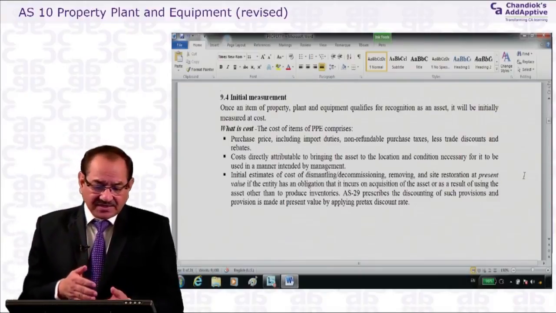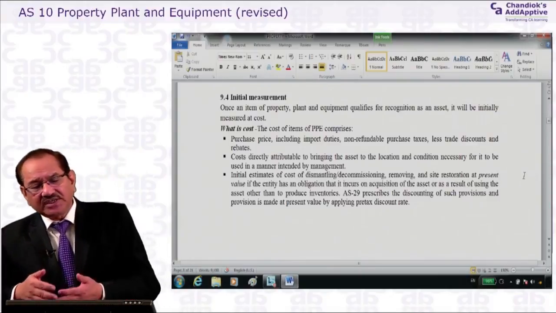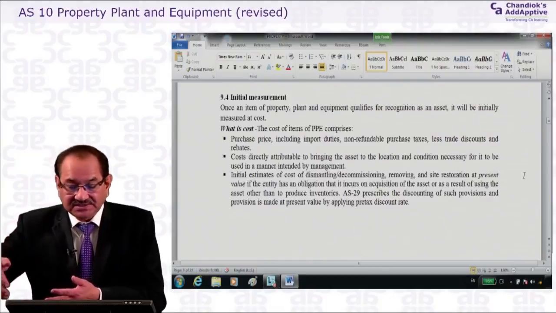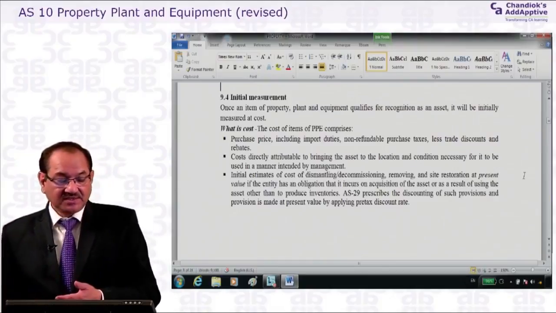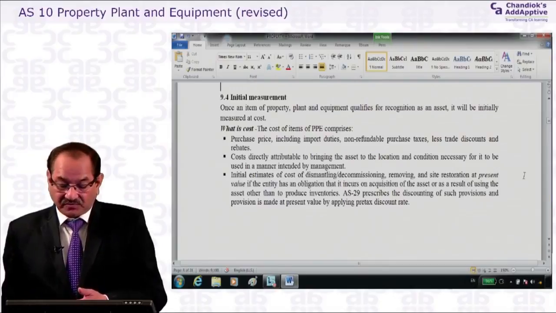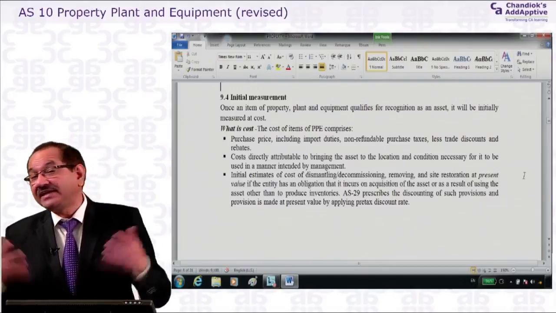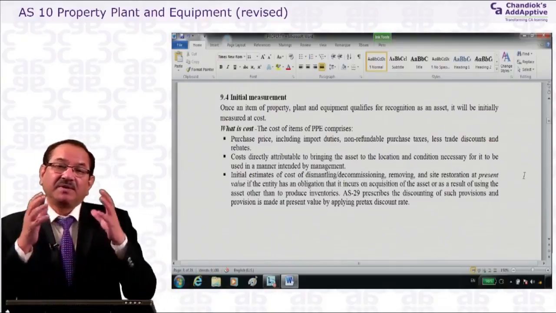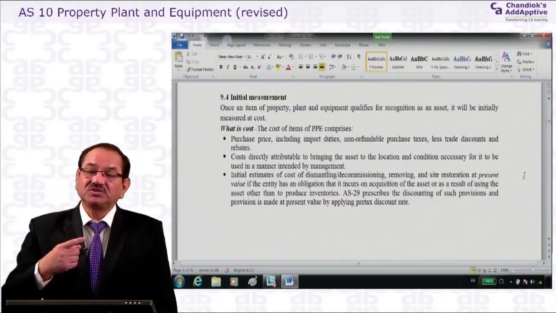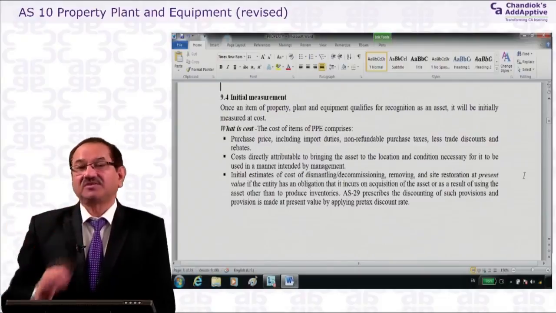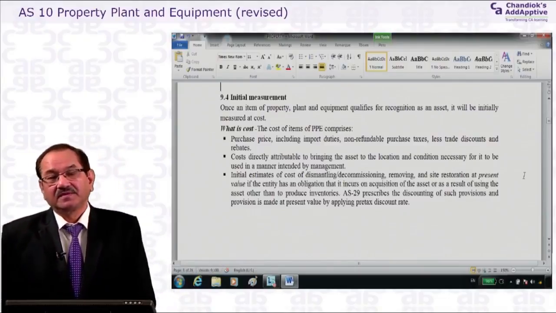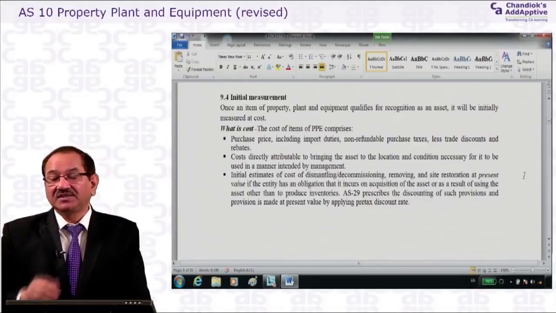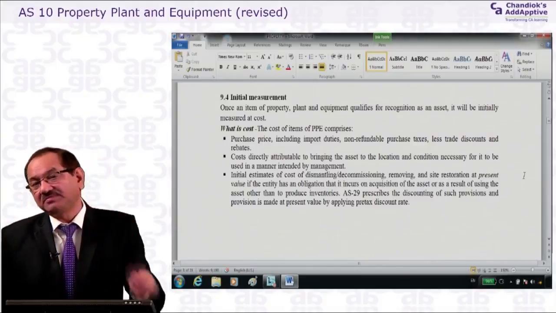What is the intention of the management? The manner is that it will be used for the production of these particular goods. It means the expenditure till that point will be included in the cost of the plant and machinery.